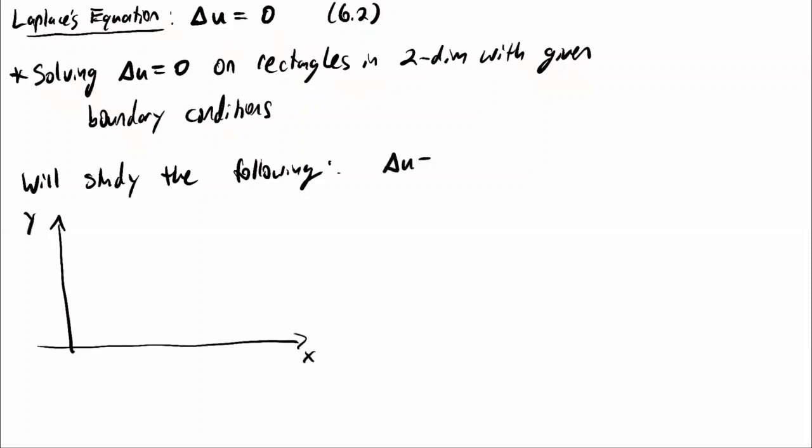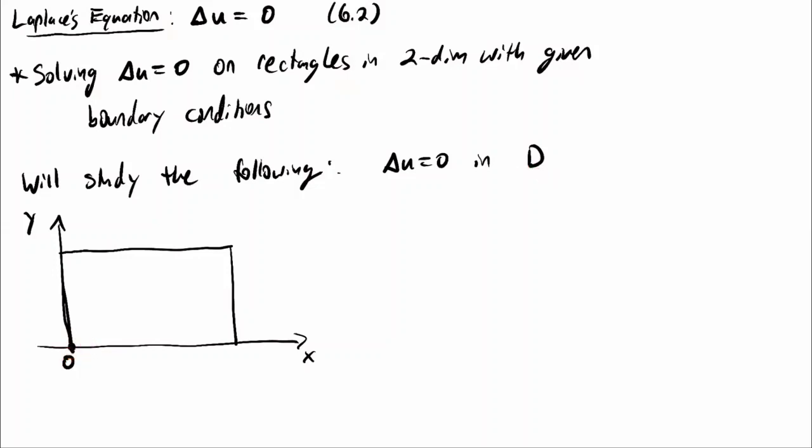We're going to look at Laplace's equation in a domain D, where D is given by a rectangle. To simplify some of the calculations, we may as well assume that our rectangle is based at the origin. So maybe it looks something like this. We'll assume that this rectangle is our domain D and that the lower left corner of the rectangle is based at the origin.